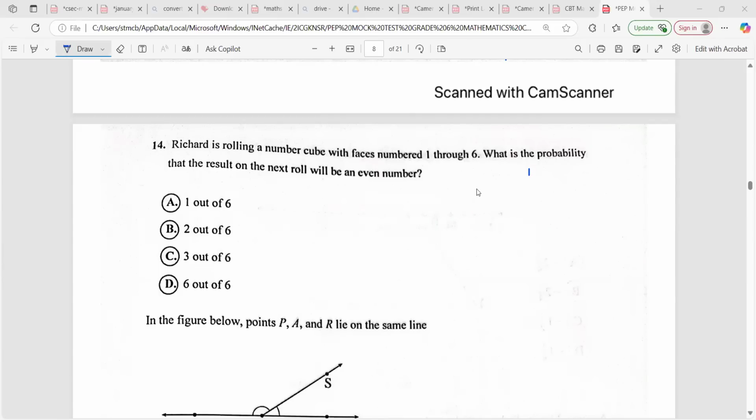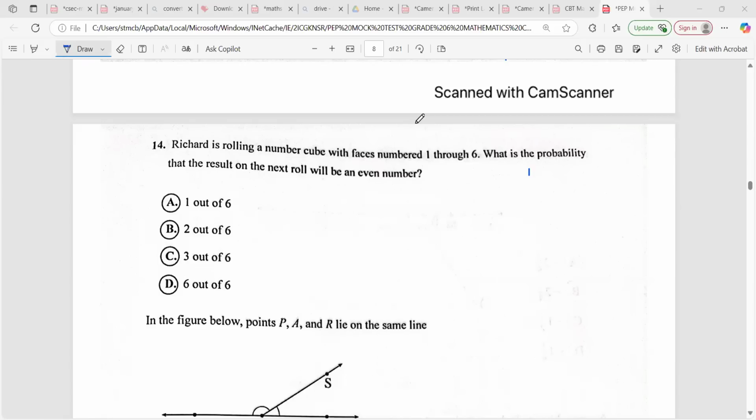Okay, sir. So it says Richard is rolling a number cube with faces numbered 1 through 6. What is the probability that the number on the next roll will be an even number? Since it says an even number, it could not be 1 out of 6 because 1 is not a half of 6.